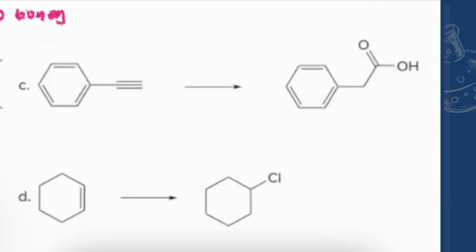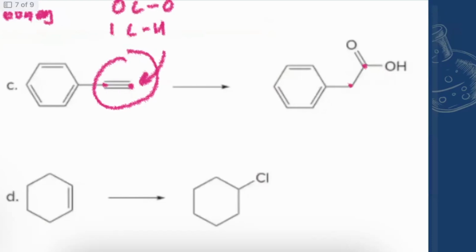So for part C, we can see that we have a carbon-carbon triple bond right here, which is a terminal alkyne. And on the right-hand side, we have this molecule containing a carboxyl group. And so the point of difference is actually located between these two carbon atoms. So looking at this molecule on the left, this is a terminal alkyne, right? Which means that there's one CH bond, and we have 0 CO bonds.